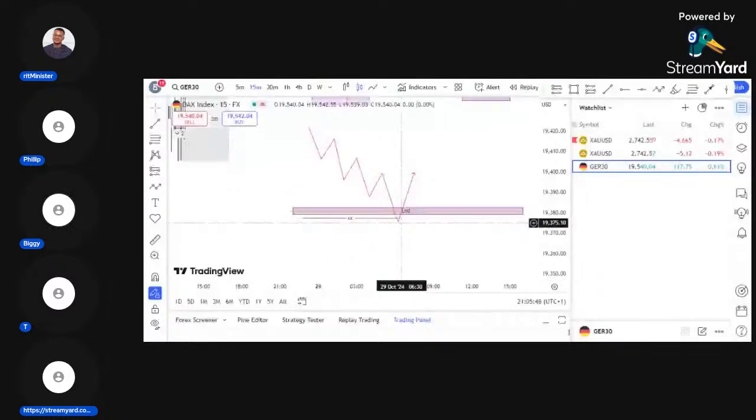This first leg of the Asia session, or we've taken the Asian session low, or we've taken the low of the previous day. That's the only straight entry from the LMZ zone.